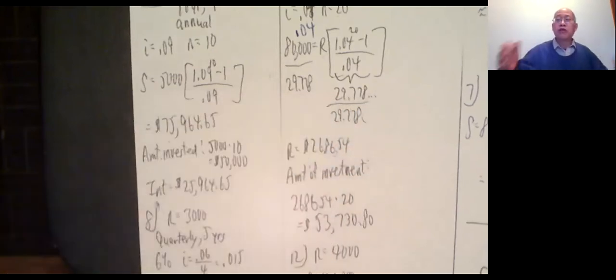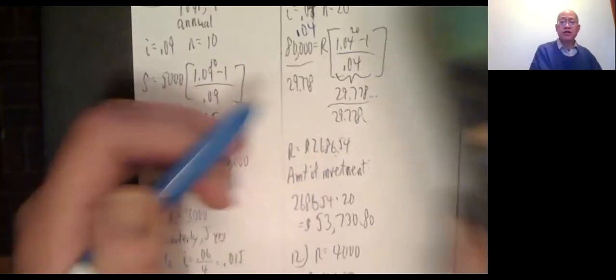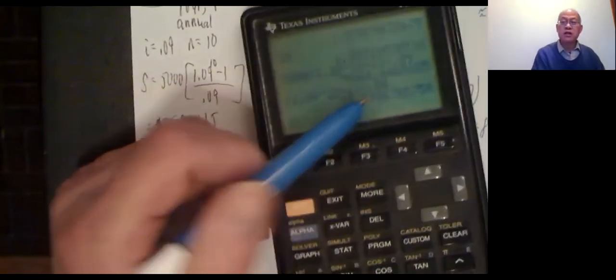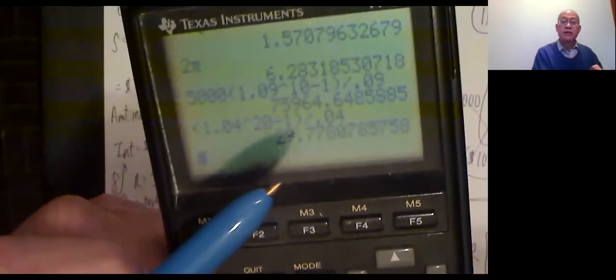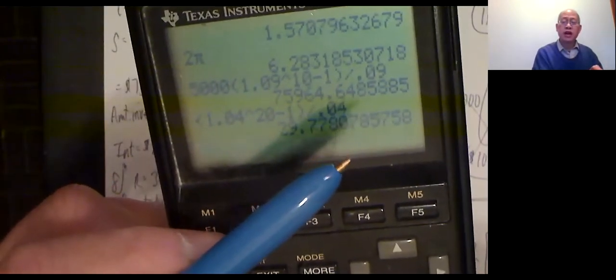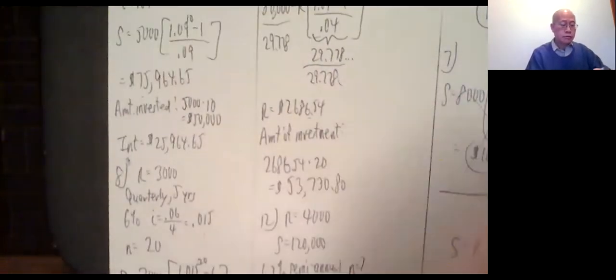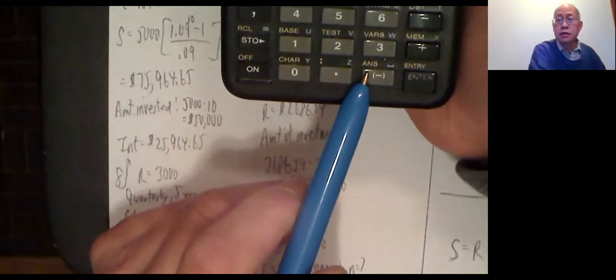But for greatest accuracy, and this is what they actually do in banks and lending institutions, you keep every single digit. So you would have 29.778078578. Now, some of you have a calculator button that says answer, ANS.